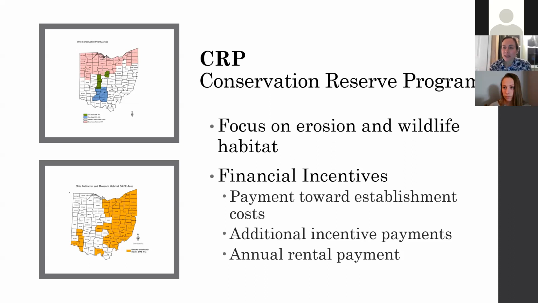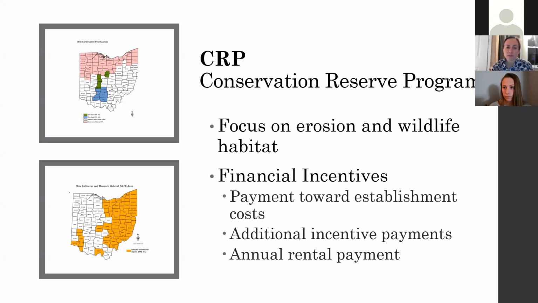CRP pays generally 50% or more of the average cost to establish the type of cover that you choose. However, there are additional incentive payments that depend on what kind of cover you're establishing and where you're located, and that can take the establishment cost coverage up to 100%. They're not willing to pay you more than 100% to establish the cover, but in some scenarios, you can get nearly all of your costs covered.